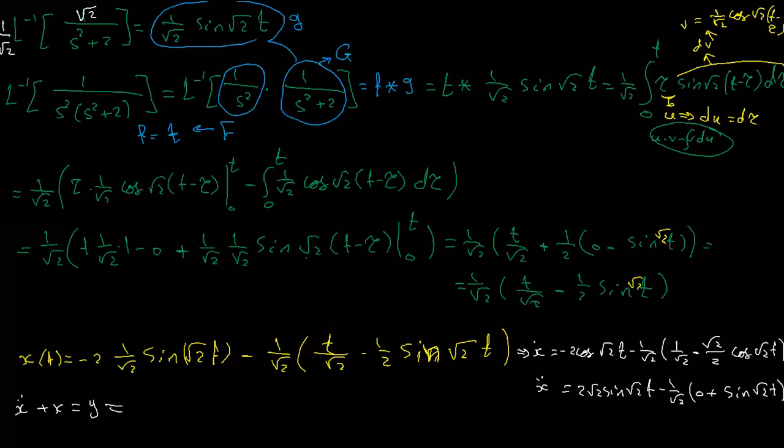Now let us plug in here. Instead of x double prime, you have 2 root 2 sine root 2t minus 1 over root 2, and if you multiply this 1 over root 2 by sine root 2t, okay, plus all those are x double dot.